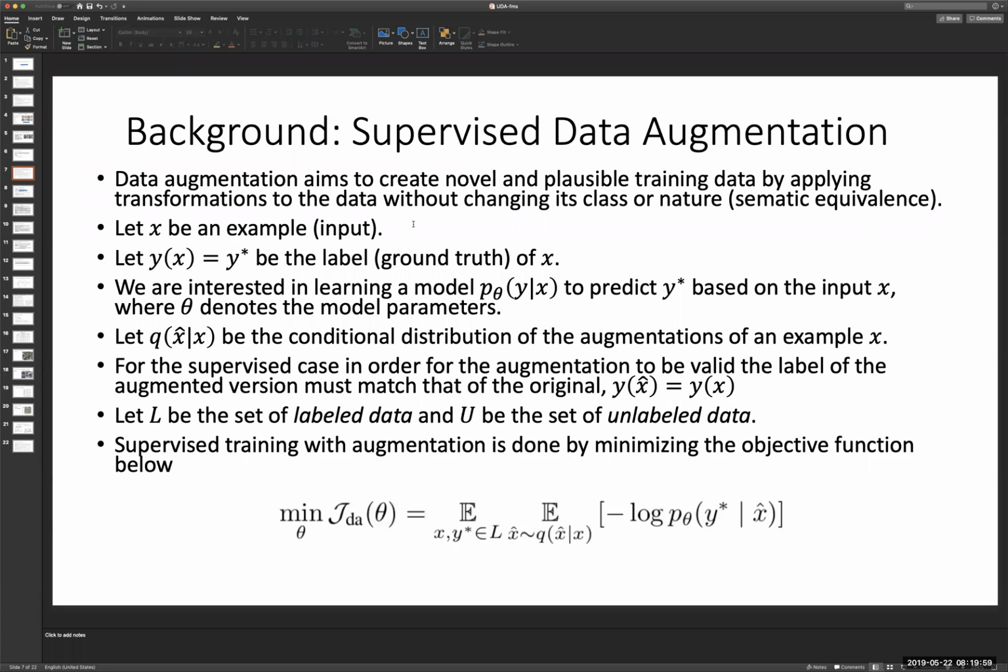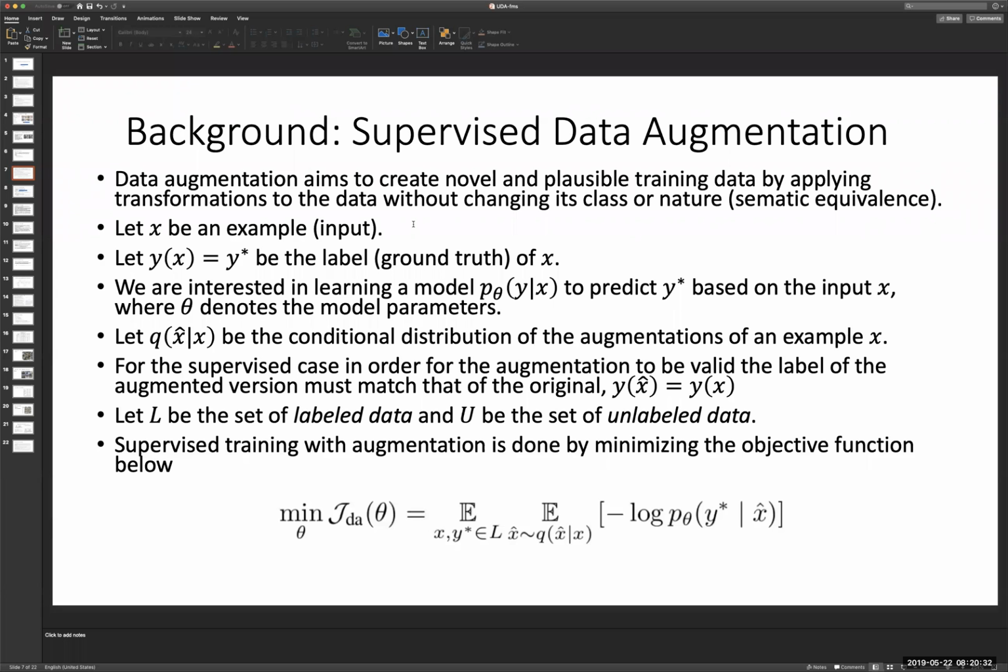So x would be an image, or it might be a string of tokens from a natural language, words. And then y of x, a function of x, also denoted as y star, is the label of x. So the ground truth of x, we're going to use y star throughout the paper.